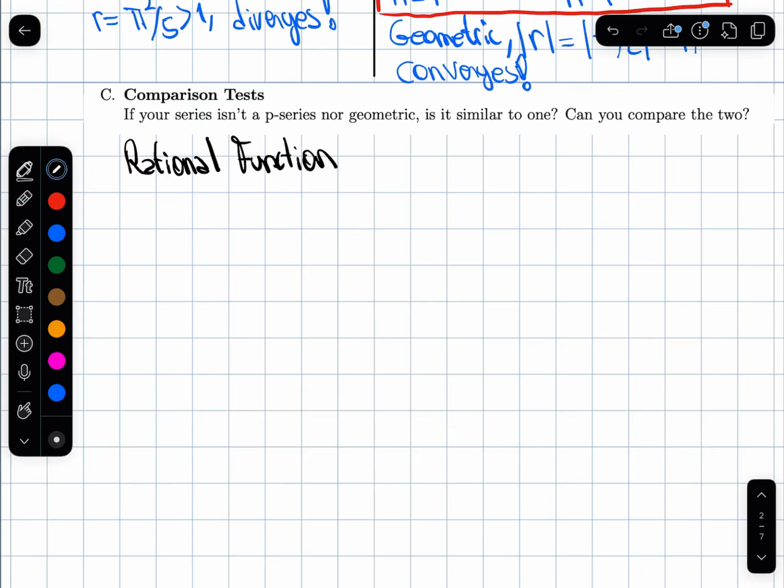A rational function is a polynomial divided by another polynomial, or if I see an algebraic function, which would be almost like a polynomial divided by a polynomial, but now square roots are allowed. So for rational functions, polynomials can't have fractional exponents, but algebraic functions allow fractional exponents to show up. On these, I try and compare to a p-series, probably.